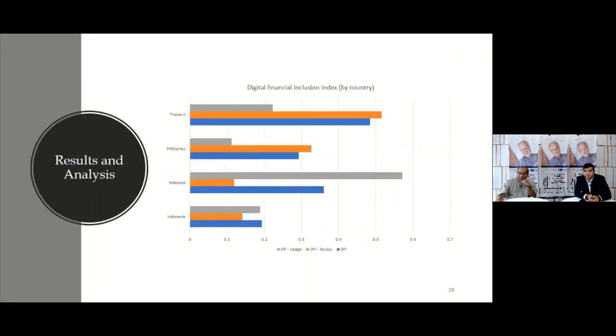Does that mean that for other countries, the middle class, for example, don't really fully utilize digital financing? It could be, but recently, just as an extension of this study, I also ran, as you asked in the last question, a comparison of the poor and the rich people, and also the rural and urban areas.